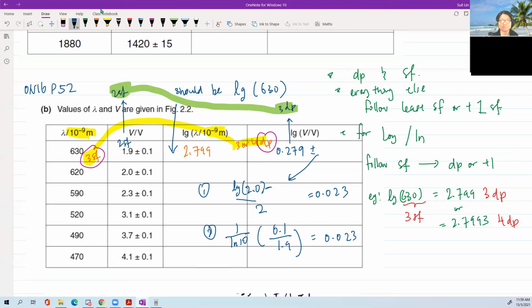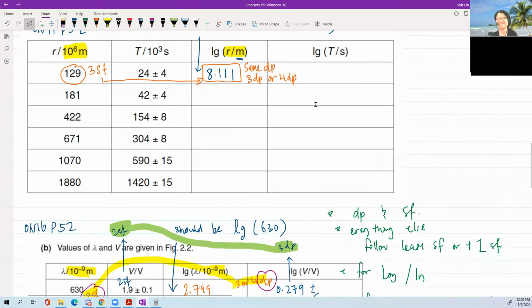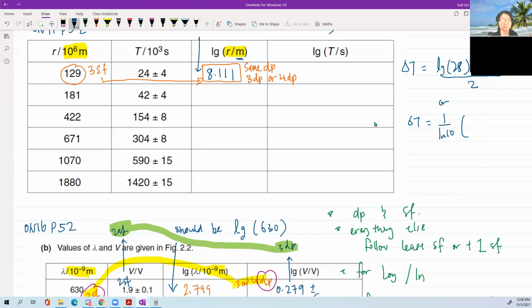The bottom one is faster because you don't have to go through the mental arithmetic of 1.9 plus 0.1 and 1.9 minus 0.1. Because sometimes this uncertainty will be some weird number like 15, 4, and 8. So this uncertainty will be either log 28 minus log 20 divided by 2, or 1 over ln 10 times 4 over 24.